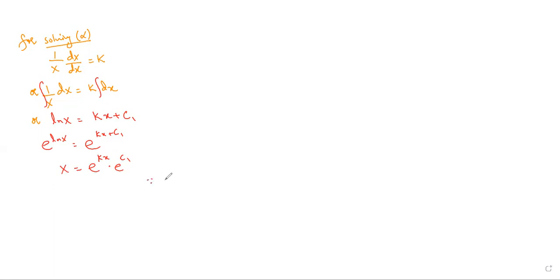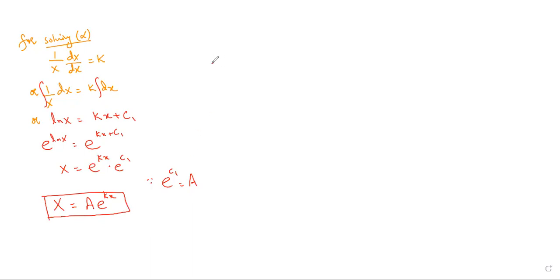We can also consider that exponent of c1 equals capital A. So you will have capital X equal to A into exponent of kx. This is the solution for capital X. We just have to substitute this solution of capital X into the previous equation that we supposed, u equals X into T.